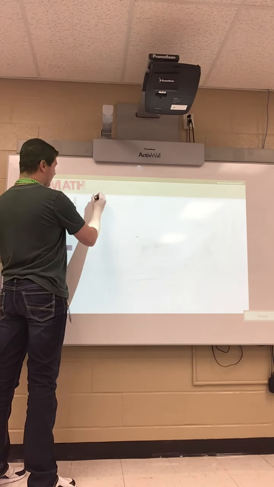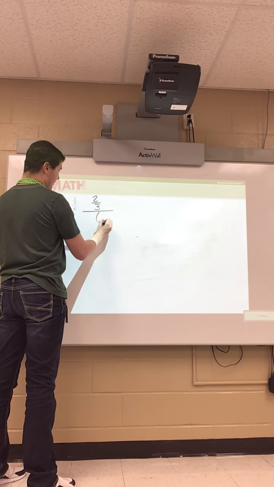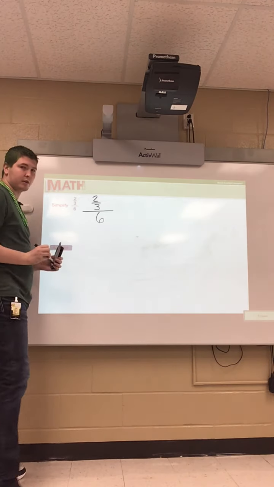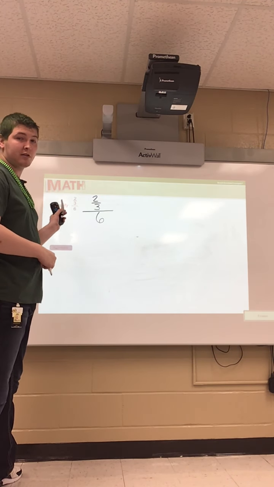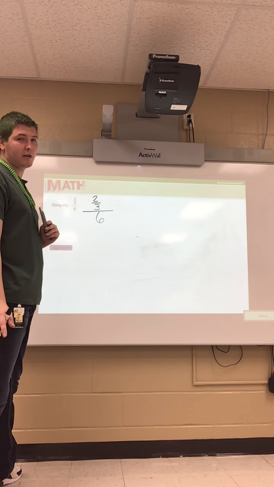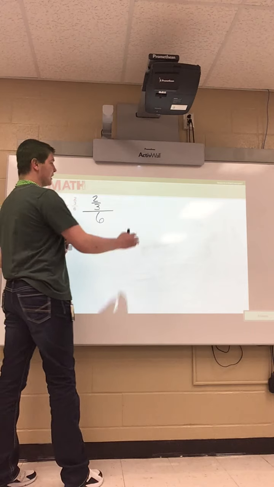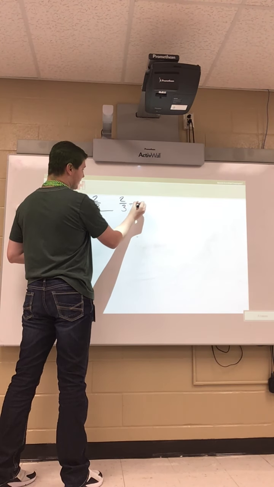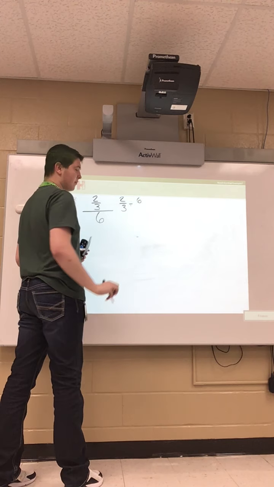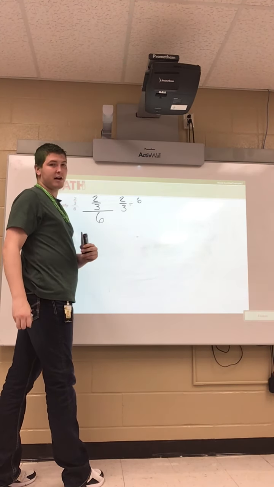So, this one is 2/3 divided by 6. So try that one on your own. I'm going to go through it, so pause it if you're trying it on your own, and then push play and you'll get everything real quick. Okay, so we need to rewrite it. Step 1, 2/3 divided by 6. Now remember, they both have to be fractions.